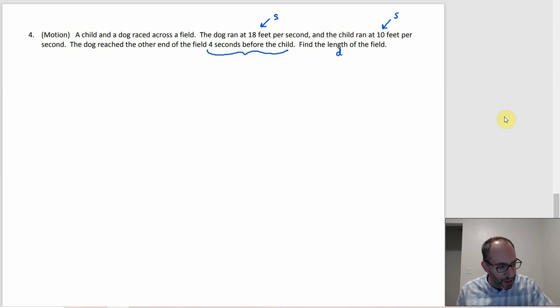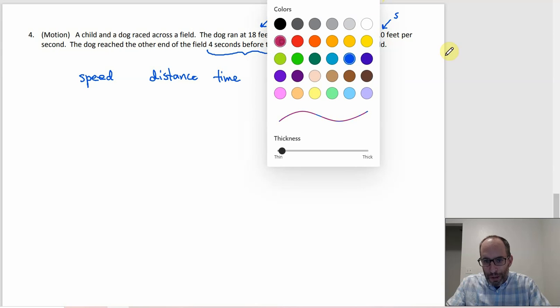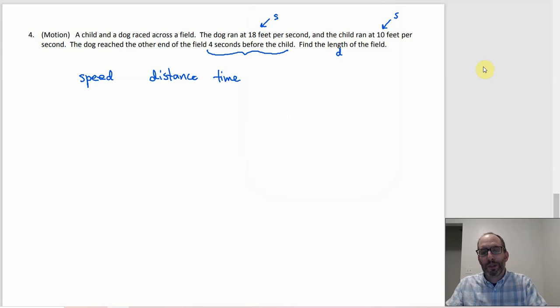So let's make a little table here, with columns for speed, distance, and time. And I'll put this in a thought bubble in a different color: judging by what we're given, the formula that relates these things is speed equals distance over time.